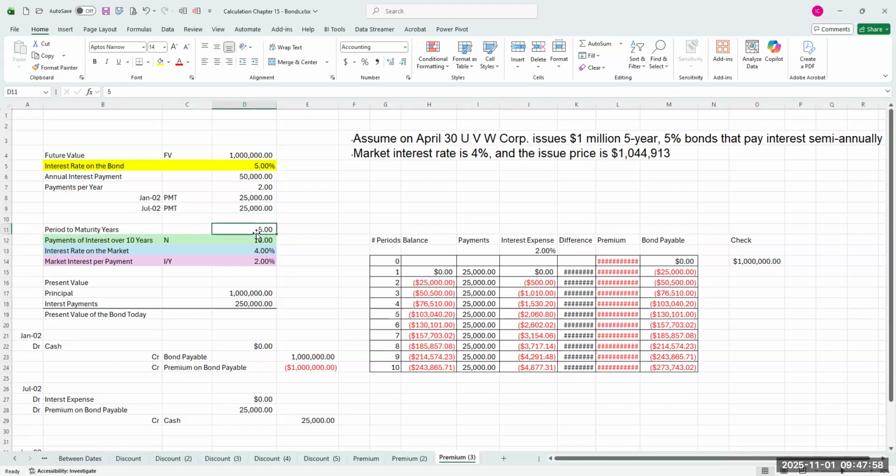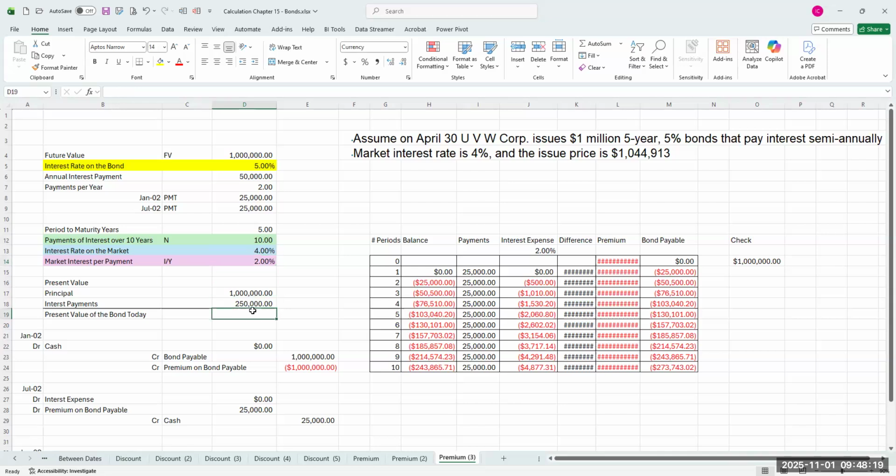Maturity is 5 years, but since they pay the interest twice a year, we're going to have 10 payments of interest. The current market rate is 4%, but since we're paying the interest 2 times a year, the interest rate attached to every payment will be 2%.